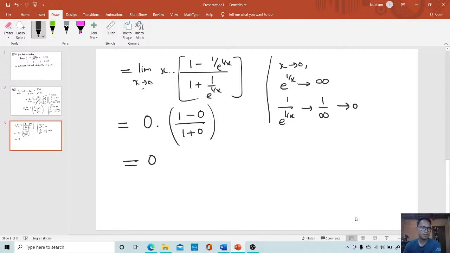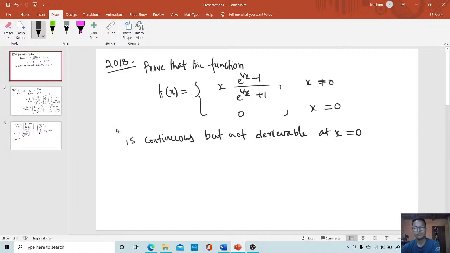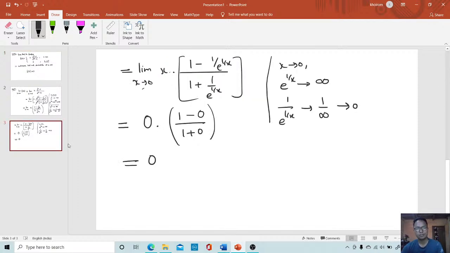Now the limit of f(x) as x tends to 0 is 0, and moreover, if you look at the function value at x equal to 0, f of 0 is 0.